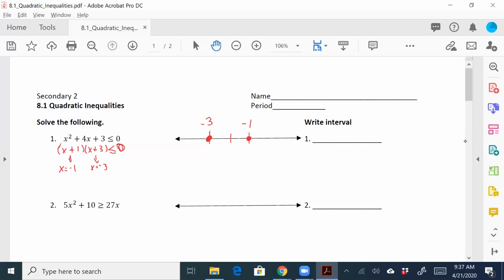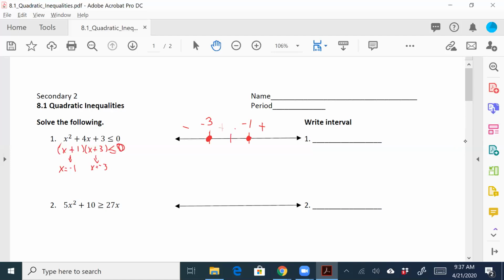And then we make a sign chart. We say -3, we assume that to be our 0, so that everything to the left of that would be negative. So we put a negative here, and everything to the right would be positive. So I'm just considering the interval between -3 and -1, and then positive.